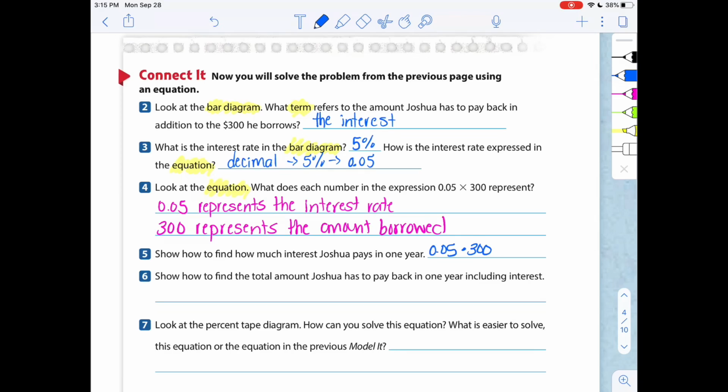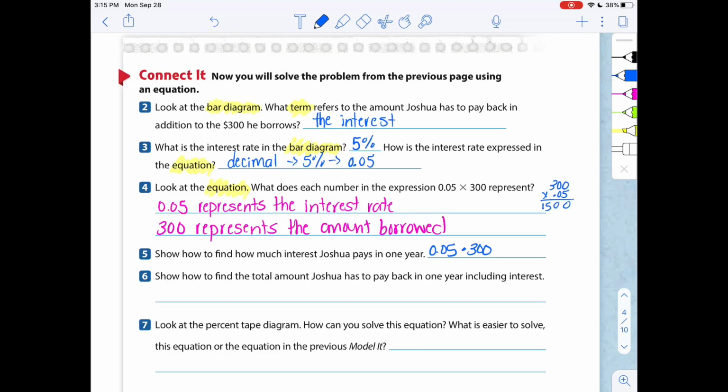And we're not using a calculator, so we'll need to go to the side of our paper and multiply 300 times 5/100. 5 times 0 is 0, 5 times 0 is 0, and 5 times 3 is 15. And then, because my other number is 0, I don't have to go through the steps of multiplying that because it's not going to change anything.